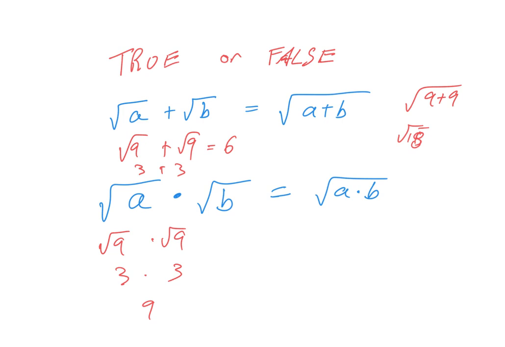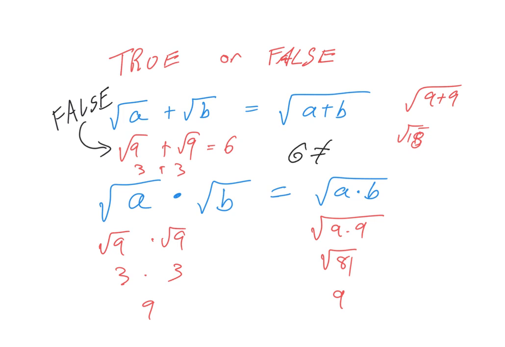On the right side, if I had the square root of 9 times 9, that's the square root of 81, and that is 9. So I have one example that does work for the bottom, but obviously does not work for the top. At this point, we've proven that this one up here is false. We've shown one counterexample, because 6 does not equal the square root of 18. Down here, we have one example that is working, but that doesn't mean that it works for all numbers.